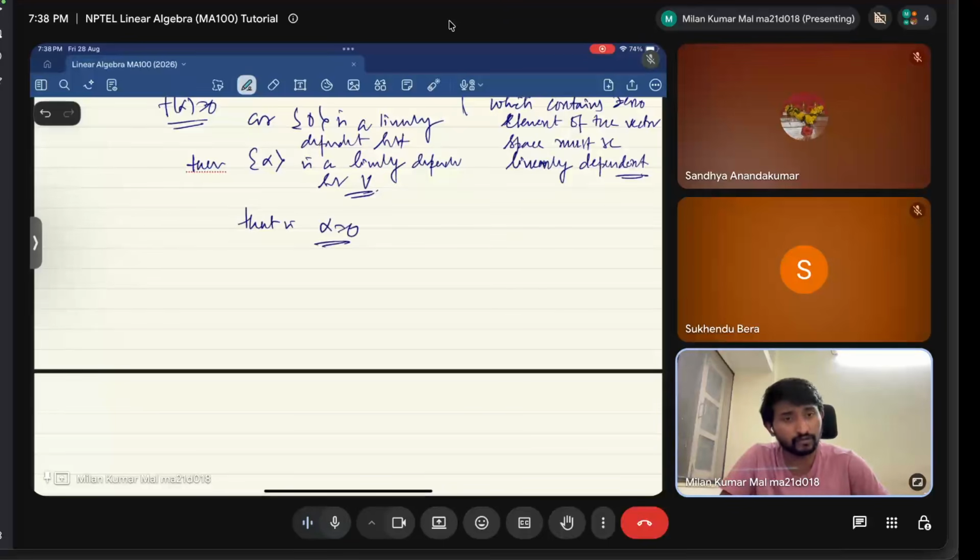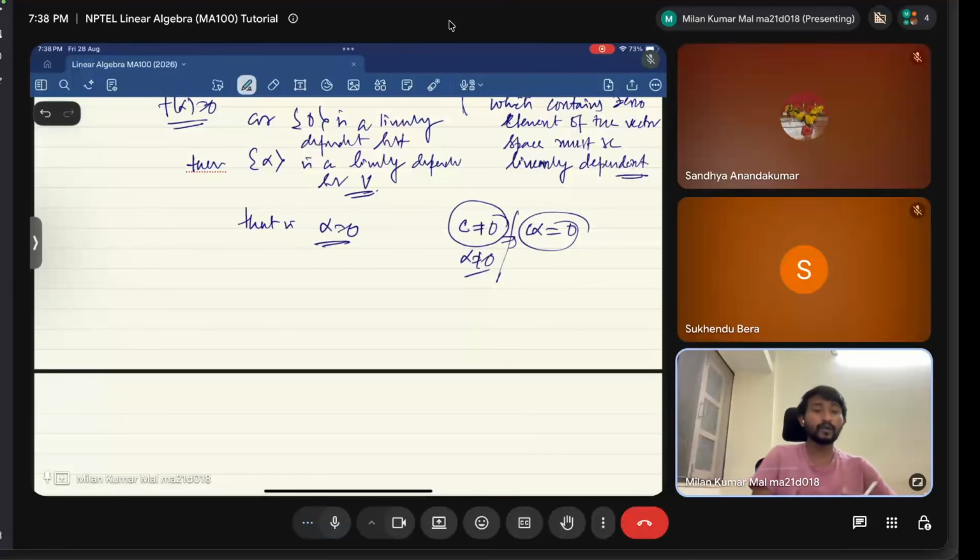Because if alpha is not equal to zero, then you can't multiply any non-zero scalar C by alpha to get zero. You can't do that.